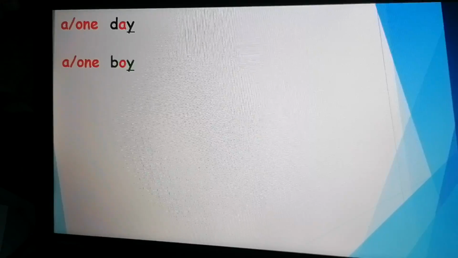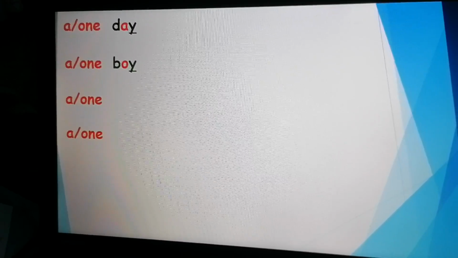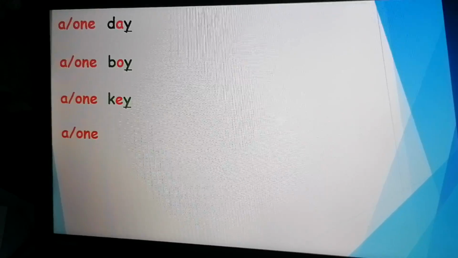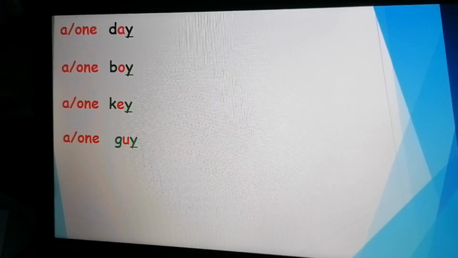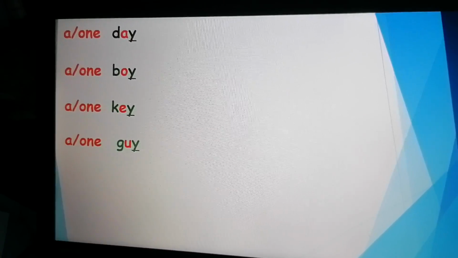A or one boy. A or one key. A or one guy. What did we notice here?